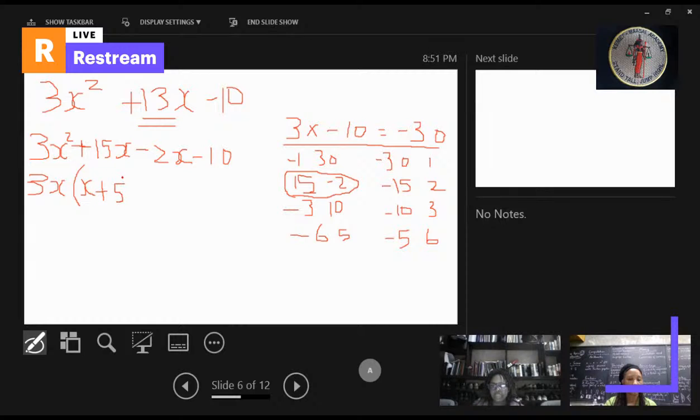The next pair, we can use negative 2. Negative 2 into negative 2x goes x times, and negative 2 into negative 10 goes positive 5 times, because negative divided by negative is positive. So our factors are 3x minus 2 and x plus 5.